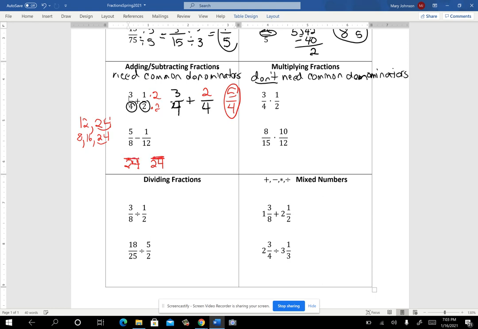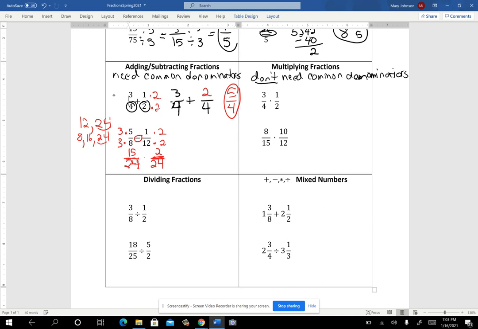To turn 8 into 24, we'd have to multiply by 3. If we do that on the bottom, we have to do that on the top. So 5/8 becomes 15/24. Now with 1/12, I would have to multiply by 2 on the top and bottom and get 2/24.